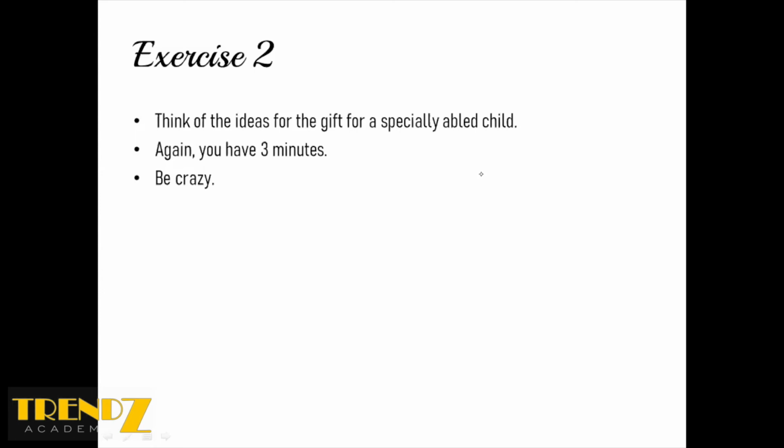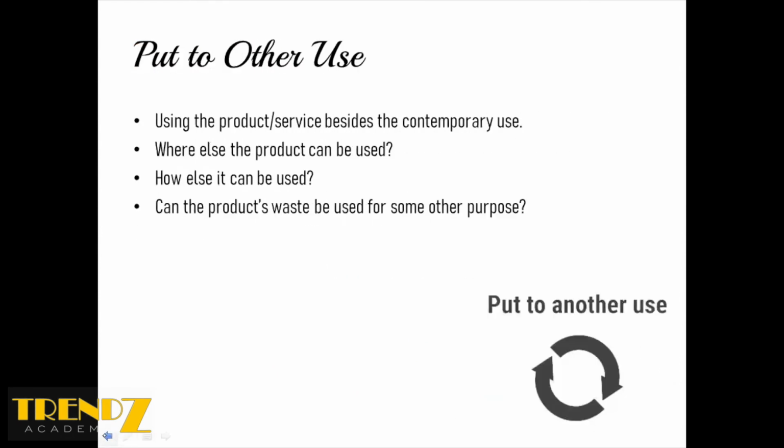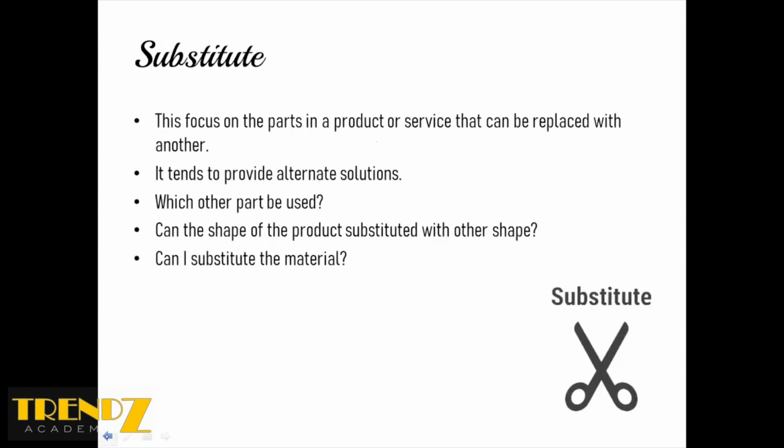Okay, nice ideas. But see, I have made you more creative than you were earlier, because earlier you came up with like 10, 15 ideas. Now you were able to come up with 22 and 18 ideas. So you are more creative now. Can we discuss SCAMPER? Can we all come up with a product and discuss all these elements to it?